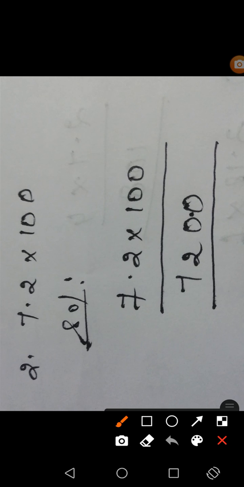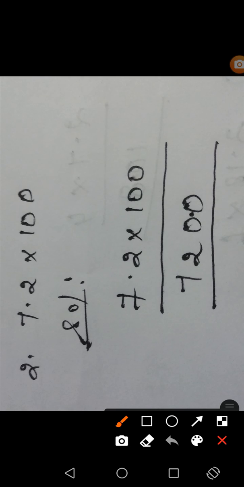7.2 into 100. So 7.2 into 100 means, as you see, if the product of some numbers has zeros, first of all write the zeros. 7.2 into a 3 digit number, so 3 movements we give, that is one way. Another easiest way: zeros at the back, zeros means the ones place, tens and hundreds place.